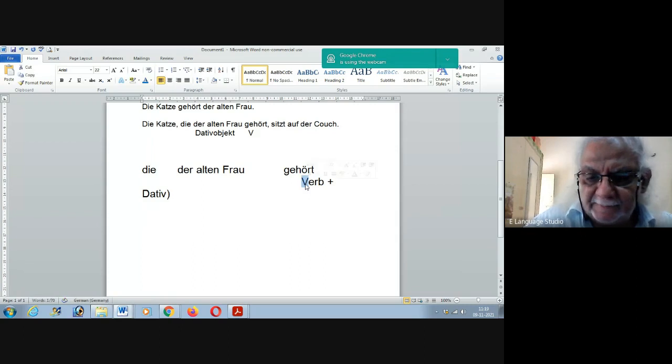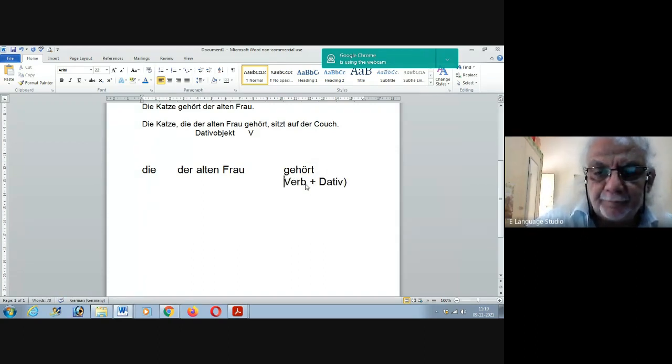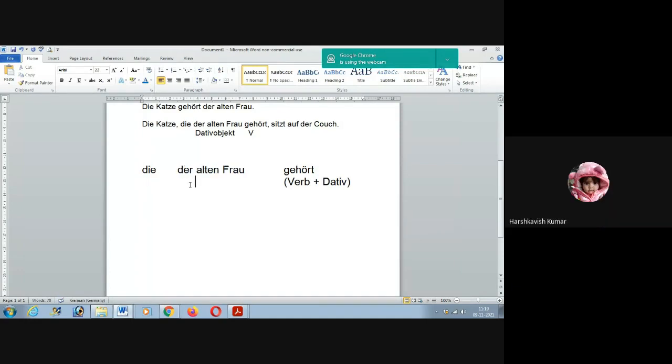So since this verb comes with dative, you will need some object in this sentence which is dative. Is it there in the sentence? Yes, sir. This is the object.